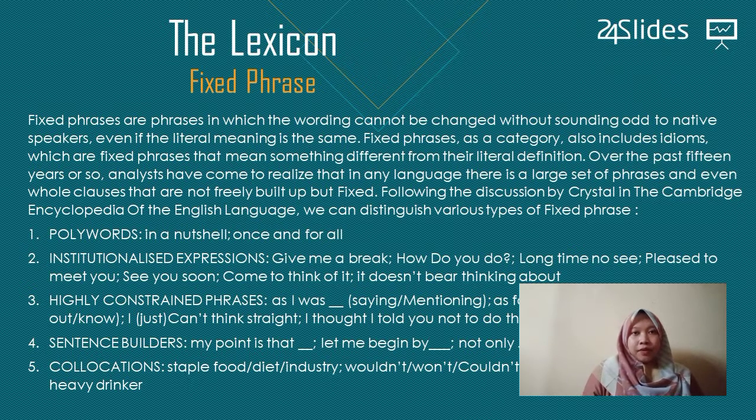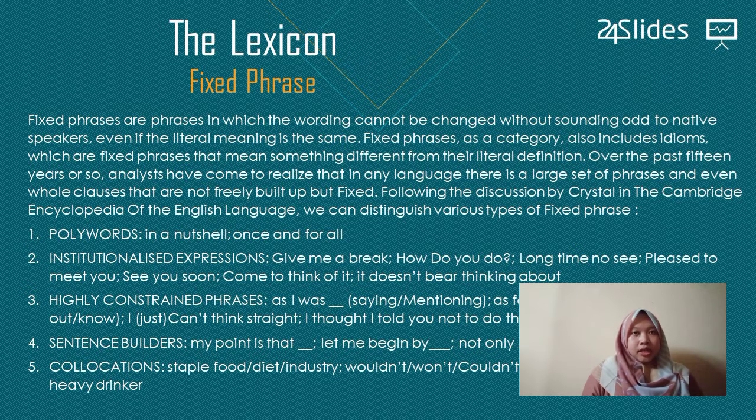Over the past 15 years or so, analysts have come to realize that in any language, there is a large set of phrases and even word clusters that are not freely built up but fixed. Following the discussion by Crystal in the Cambridge Encyclopedia of the English Language, we can distinguish various types of fixed phrase.